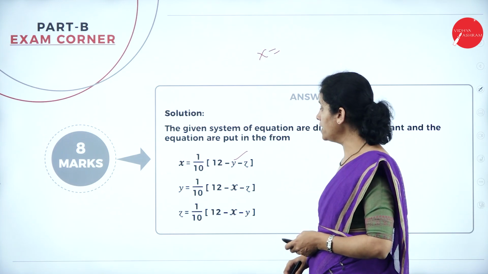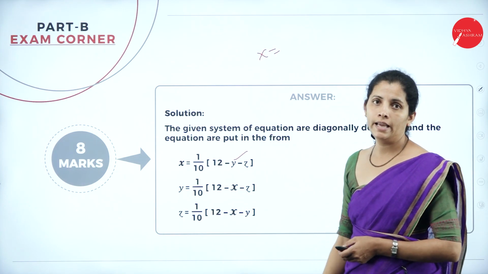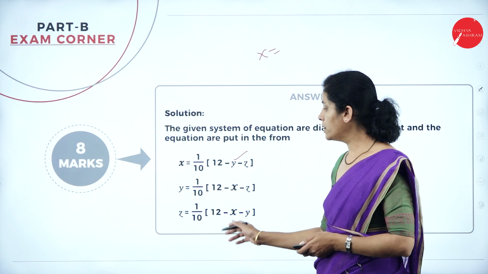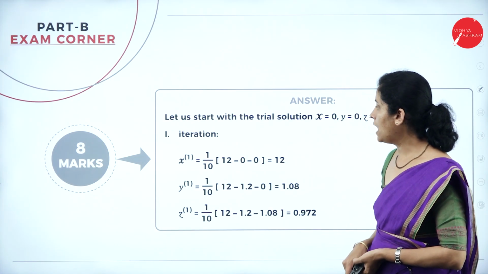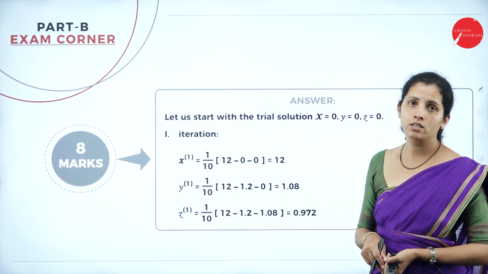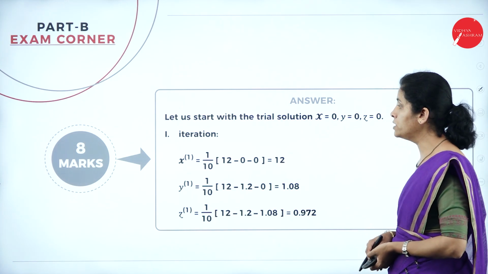So 1 by 10, 12 minus x minus z. And if I take z outside, 1 by 10, okay, 12 minus x minus y. Okay, fine. Now, see here. Initially, I'm going to take x equal to 0, y equal to 0 and z equal to 0.